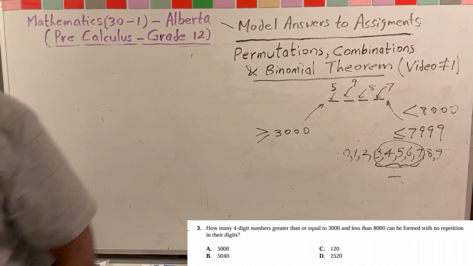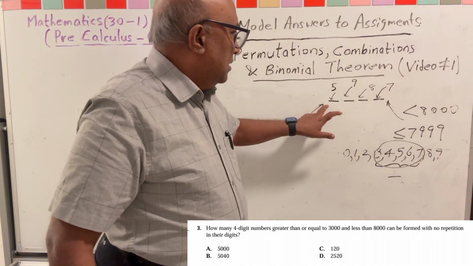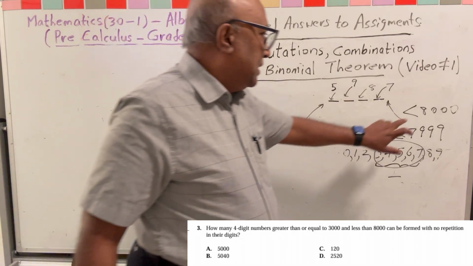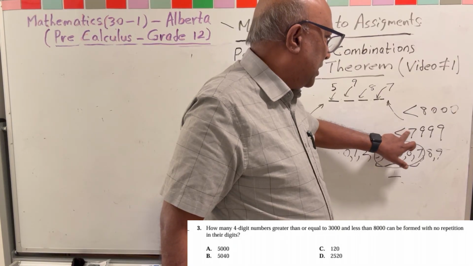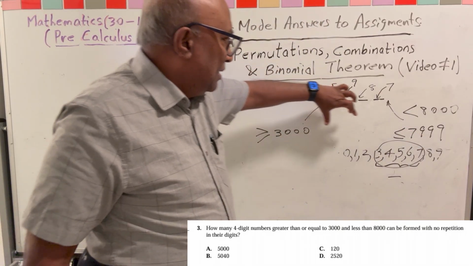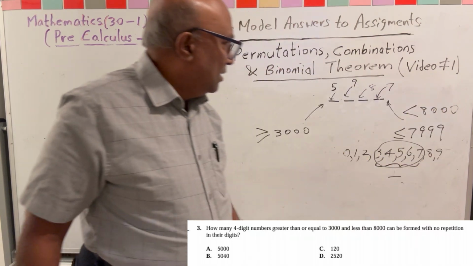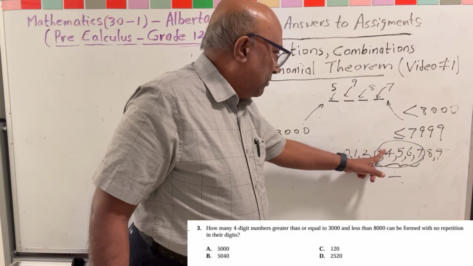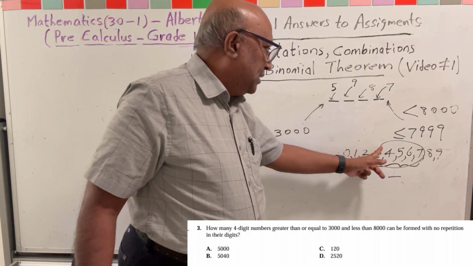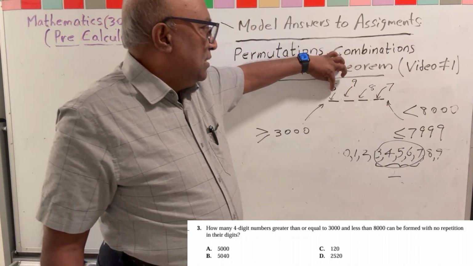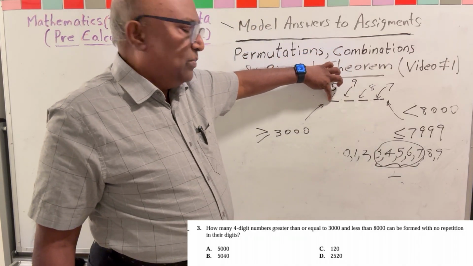Let me repeat quickly what I have done. The number should be greater than or equal to 3000 and less than 8000. That means the first number should be between 3 and 7, so there are 5 ways of filling the first place.